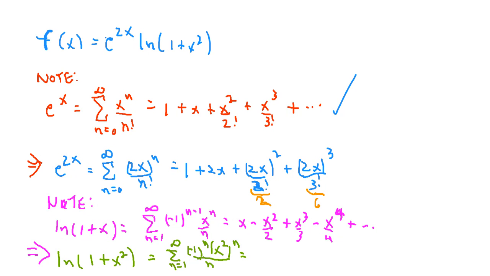And so I'd have x squared minus x squared squared over 2 plus x squared cubed over 3, and so forth.